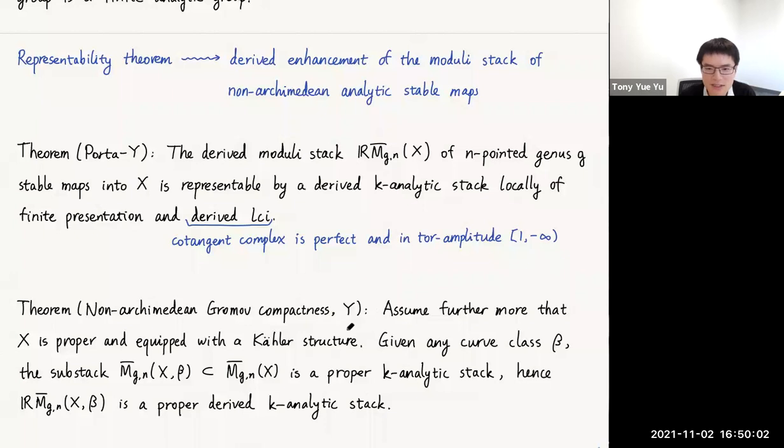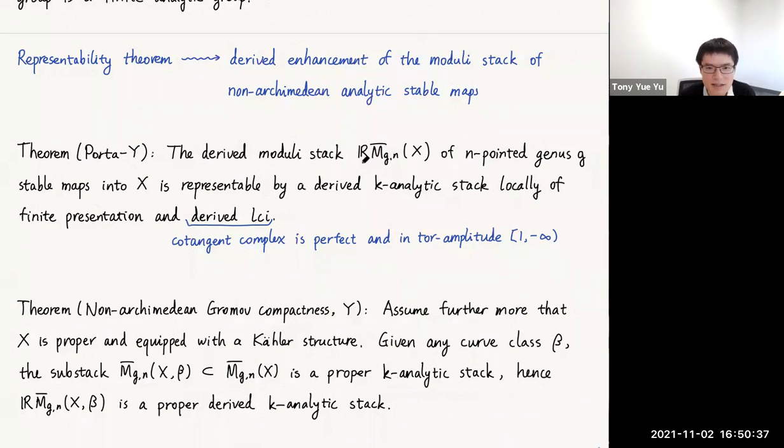I proved that if furthermore, the rigid analytic space X is proper and is equipped with a Kähler structure, analogous to a Kähler metric for complex manifolds, then given any curve class B, if we consider stable maps with given class, then the substack is a proper K-analytic stack.